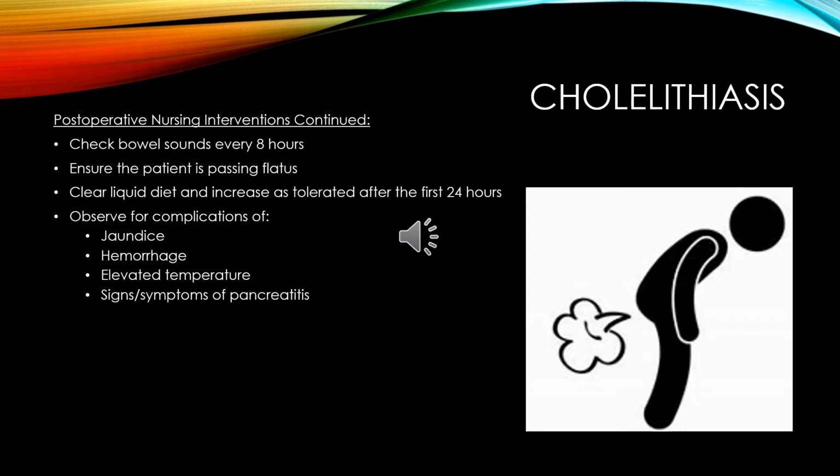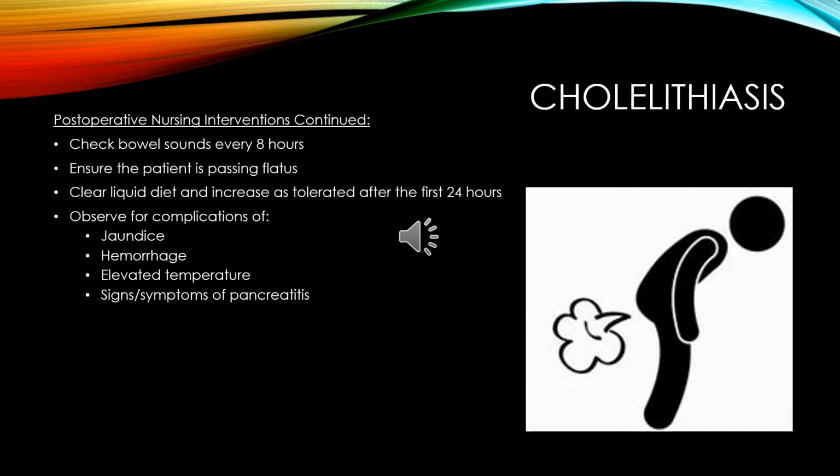Some other post-operative nursing interventions would be to check for bowel sounds every 8 hours, make sure the patient is passing gas. They would probably be on a clear diet for the first 24 hours, and then we would probably increase them as they could tolerate after that.